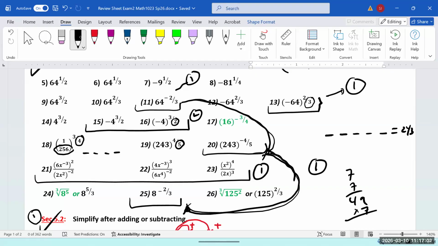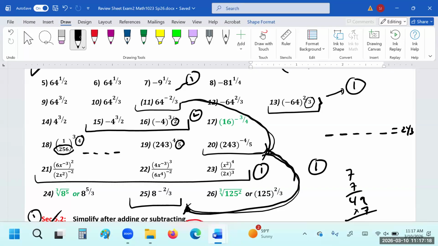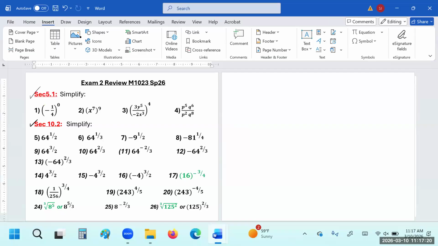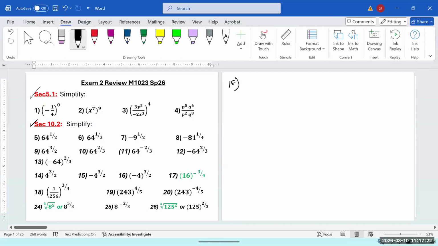Okay, so now from any of these, do you want me to go over any question? Do you want to refresh your memory with anything? Number 18. 256. Okay, so let me do it here. We have 1 over 256, whole thing to the power 3/4.